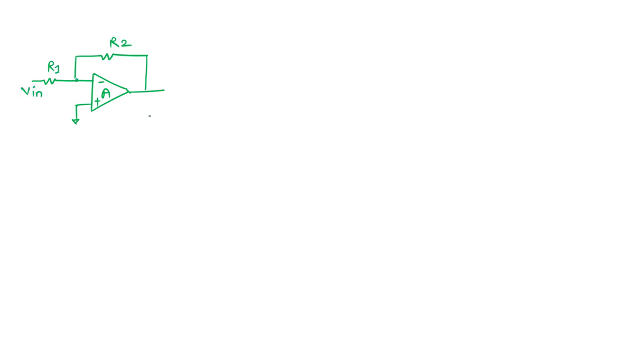When we look for the output impedance R out, there is one output impedance for this amplifier itself, let's call it small R out. The complete R out is small R out divided by 1 plus A beta.